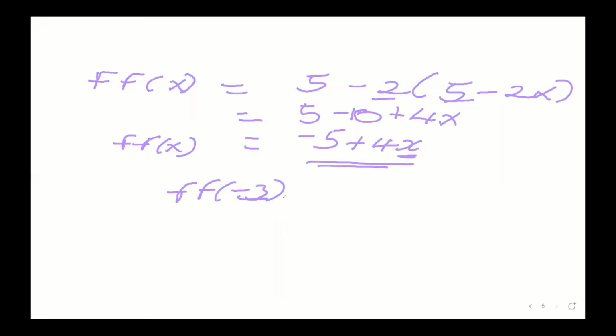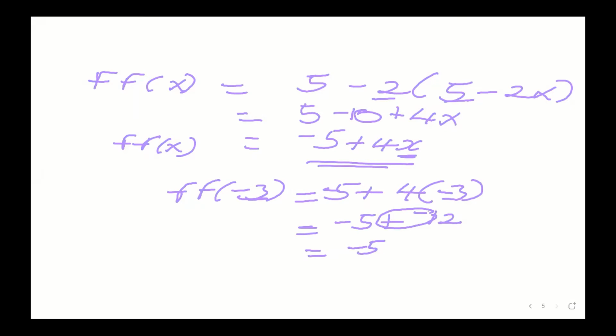So this will be -5 plus 4 into bracket. Don't put the x again, because this -3 will replace this x. You'll be having here -5 plus 4 times -3. Remember, this one is positive. When it affects this, you get a -12. Watch the signs here.